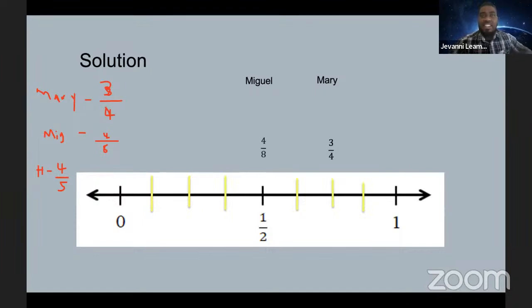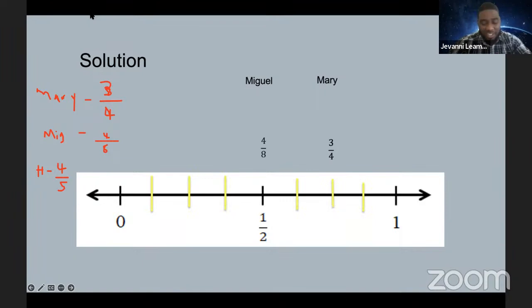Is he equal to half, less than half, or greater than half? Equal to half. So what else can I say? Besides using fractions, what word in the English language can I use to describe what I saw about Miguel? I think it starts with M. Let's see if anybody can figure that one out. It starts with M.